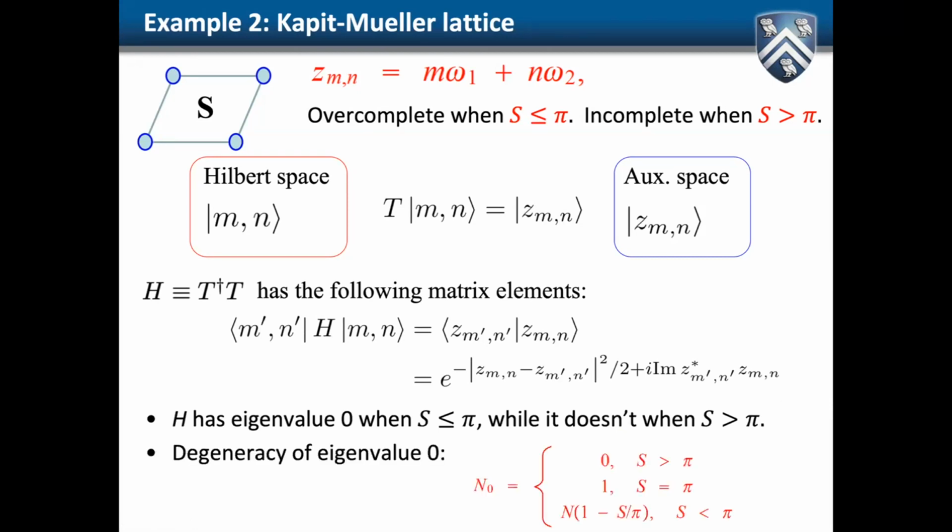And the degeneracy of the eigenvalue 0 is given by this. It is 1 if S is pi, and equal to that if S is less than pi. Here, big N is the total number of states. So if your total number of states is macroscopic, the degeneracy is also macroscopic.